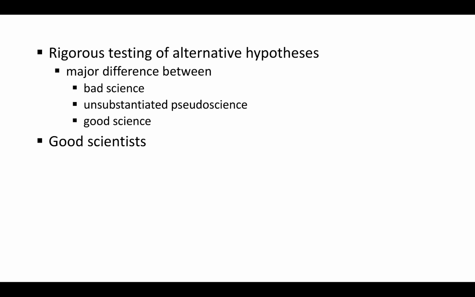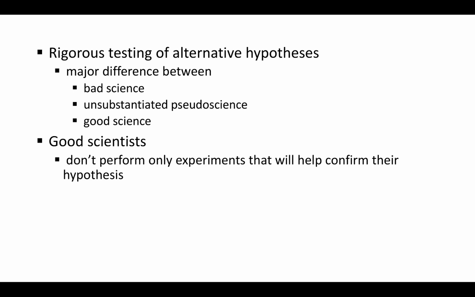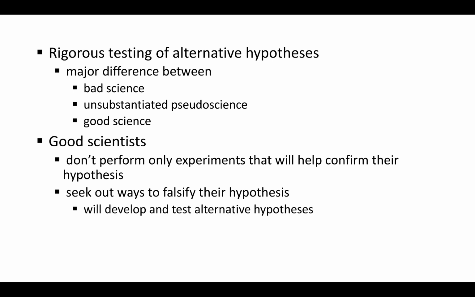Okay, and then good scientists will not perform only experiments that will help to confirm their hypothesis. They want to get to the real answer, so they will seek out ways to falsify their hypothesis. So in that case, they'll develop and test alternative hypotheses. So other tests will be conducted.